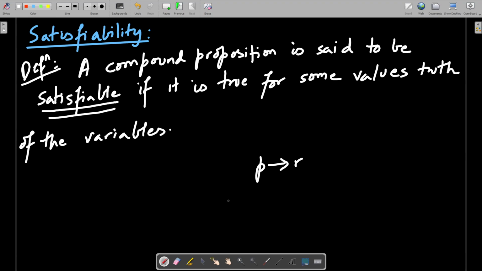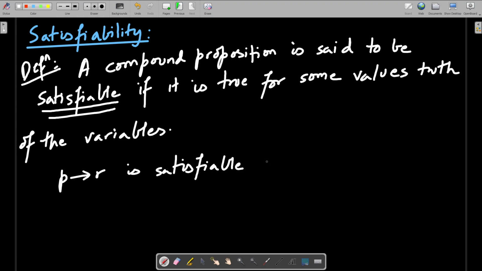Last time we had seen this statement, p implies r is satisfiable, because it is true for three cases: when p is true, r is true; p is false, r is true; and p is false and r is false. In these three cases it is true.